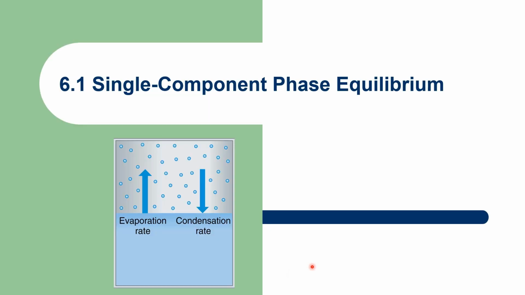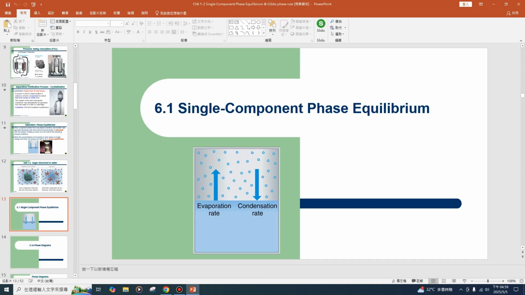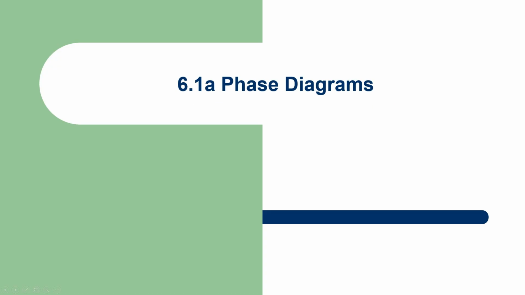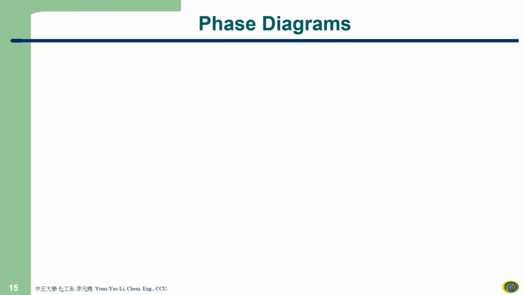Okay, so now let's move to section 6.1, single component phase equilibrium. But before we talk about this important topic, let's refresh ourselves first. So section 6.1a is phase diagrams. I'm sure you know phase diagrams very well from high school, right? Am I right?